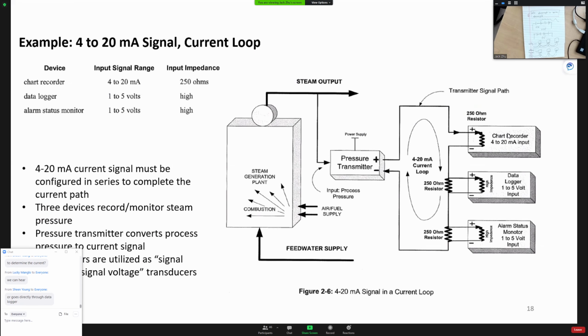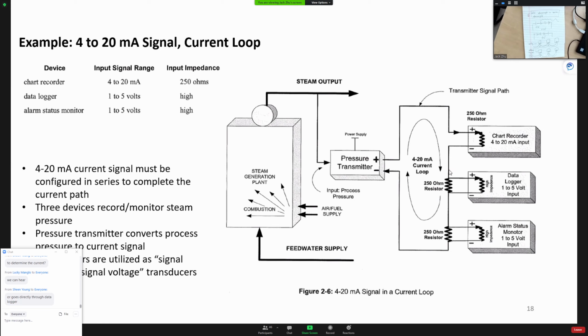What they have here is a chart recorder, a data logger down here, and then an alarm monitor down here. So those three devices each have their own purpose. But for these two, they have a very high input impedance.